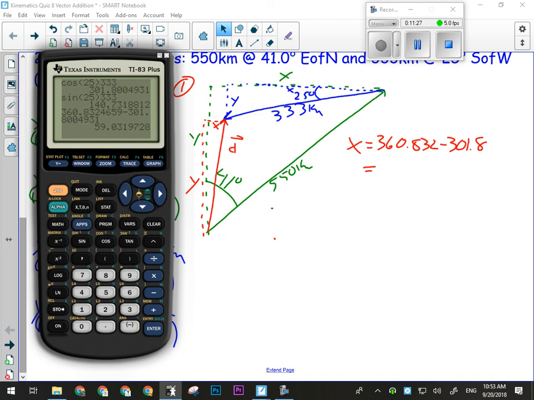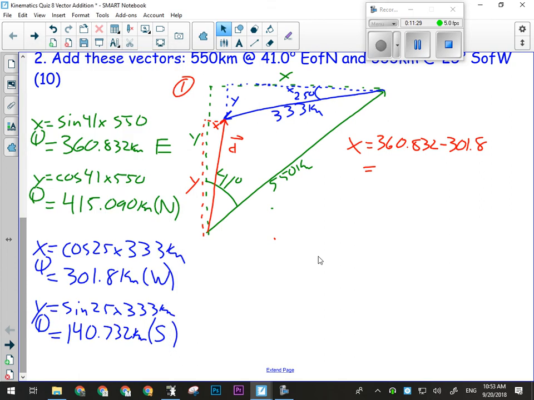Okay, so we've got 59.032 kilometers, and that's east. 1 mark for that.